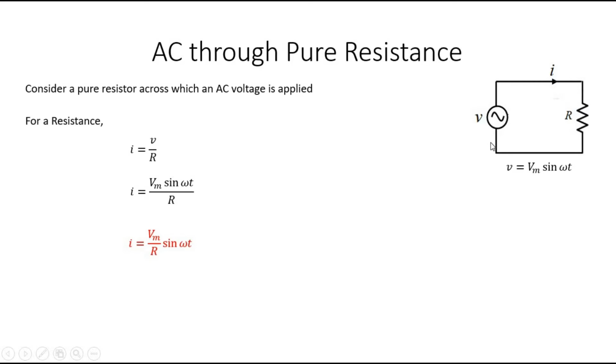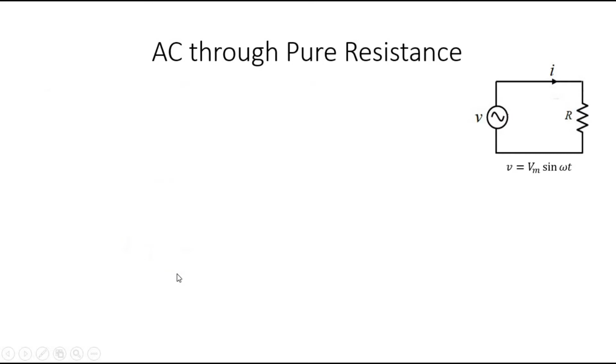Means if we are applying a voltage V equal to Vm sin omega t, a sine wave with maximum value Vm, the current will also be a sine wave with maximum value Vm by R. So for a resistance, if V equal to Vm sin omega t is the applied voltage, the current will be Vm by R sin omega t.